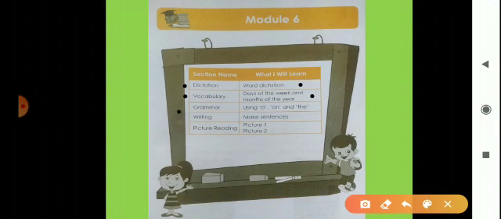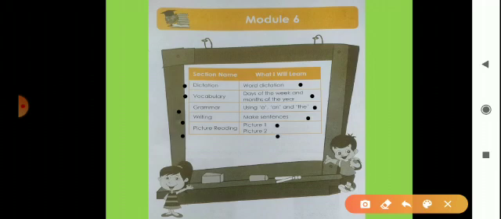Then the third section is grammar. In this section we will see articles. These are a, an and the. Then the fourth section is writing. Here we will see make sentences. And the last section here is picture reading. Here picture 1 and 2.